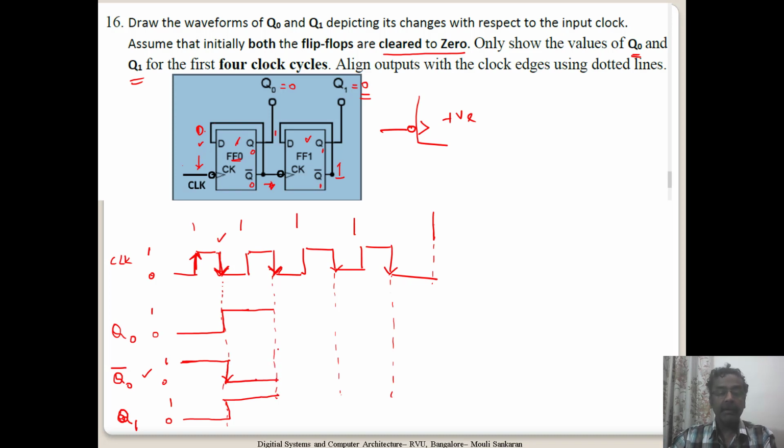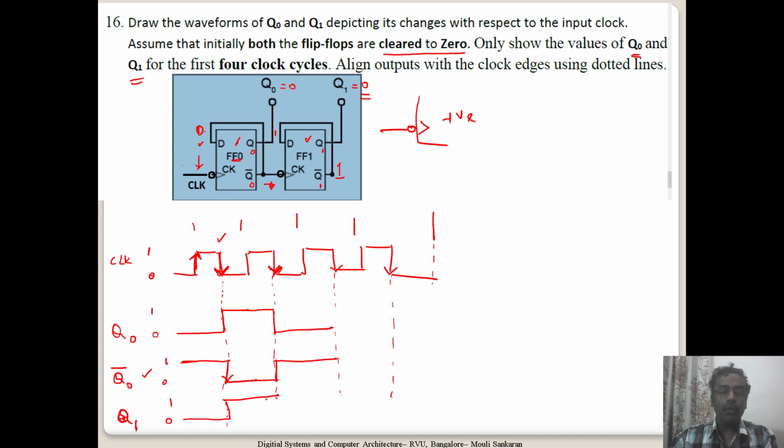Here we have seen that this value of 0 is waiting and the clock edge is going down. That means it should latch that 0 here. Then it continues to 0. Now, when Q naught becomes 0, you can just draw this Q naught bar without any problem, because it is going to be a complement of that.